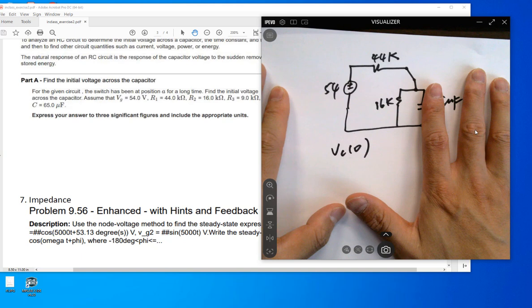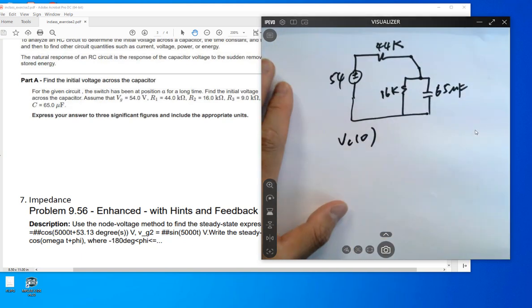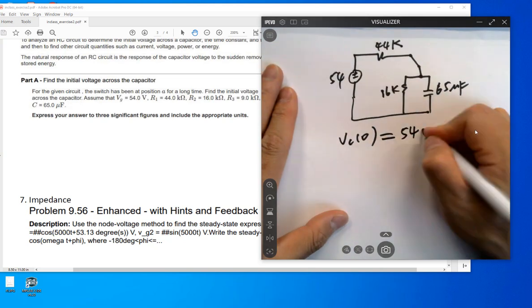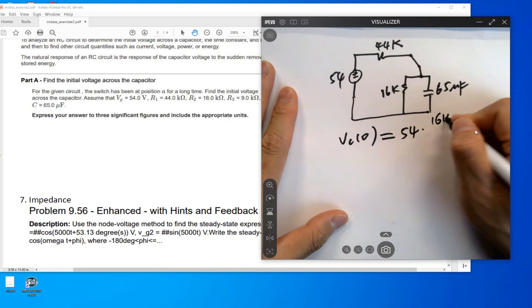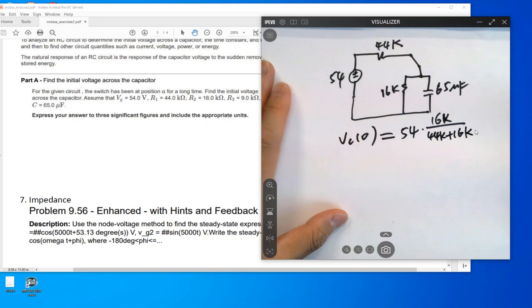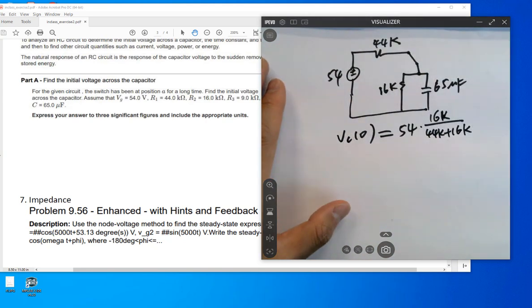Zero current, but you have voltage, right? What is VC0? It's just a voltage divider, 54 times 16K over 44K plus 16K, right?